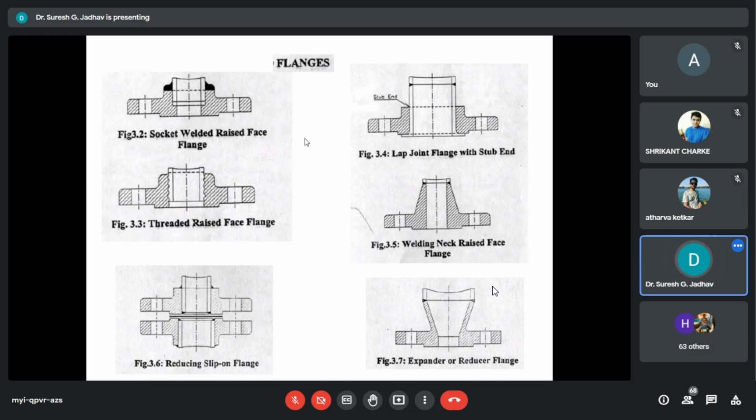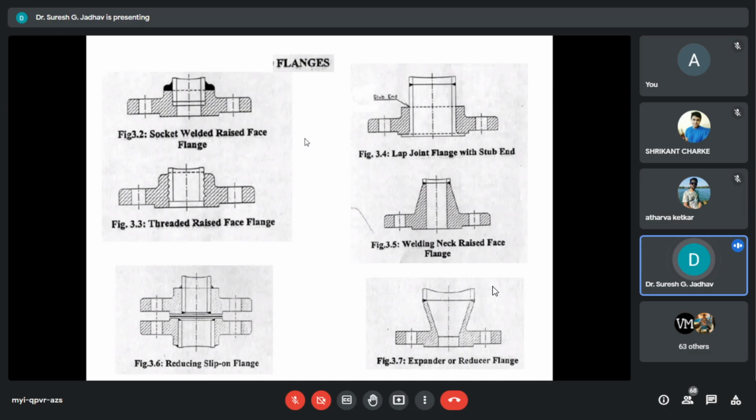And we can use the welding neck flange, then go for the welding raised face flange. Here we can also use reducing flanges, used to connect between larger and smaller sizes without using a reducer.